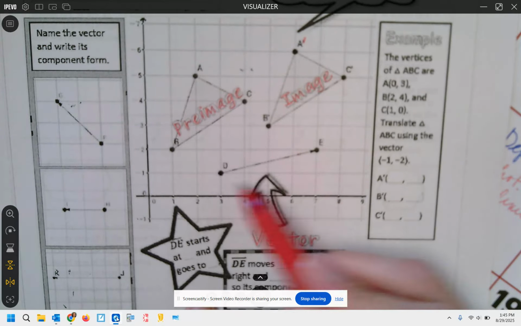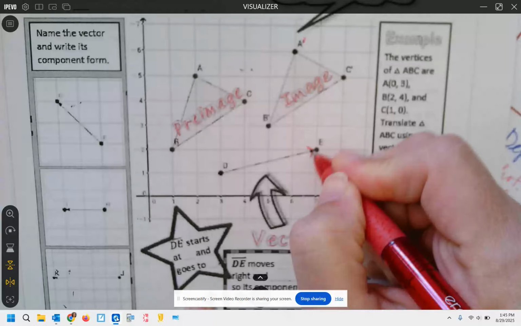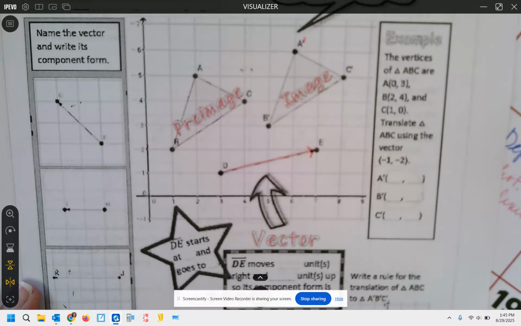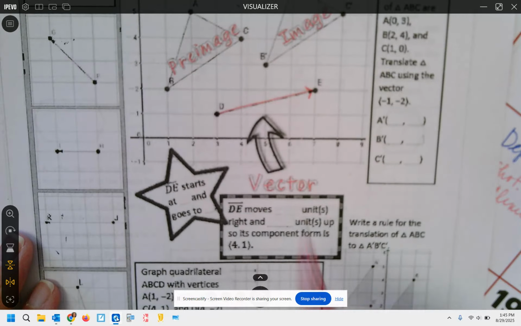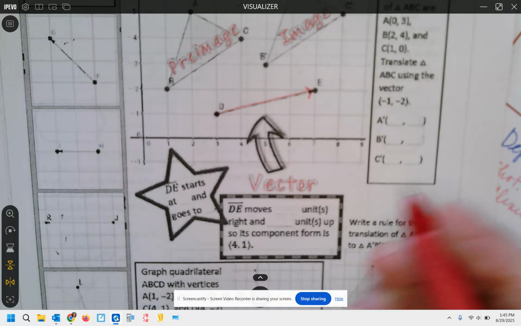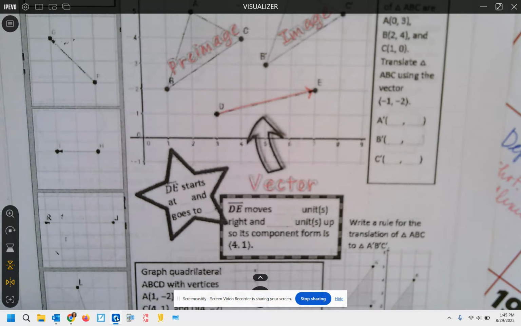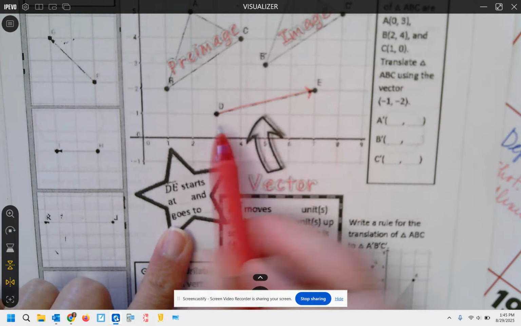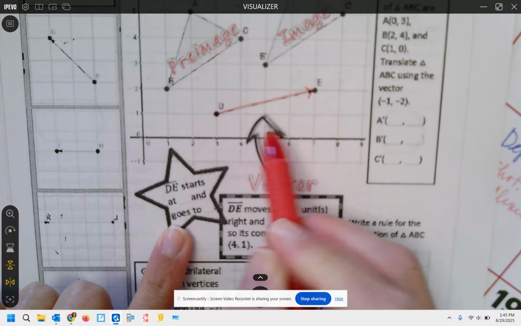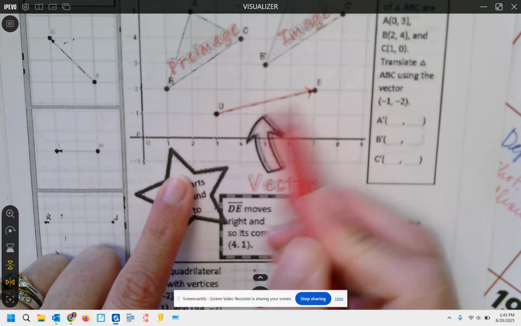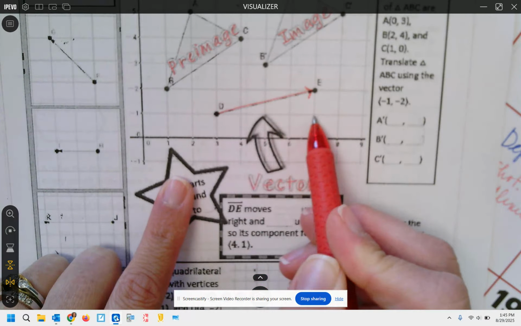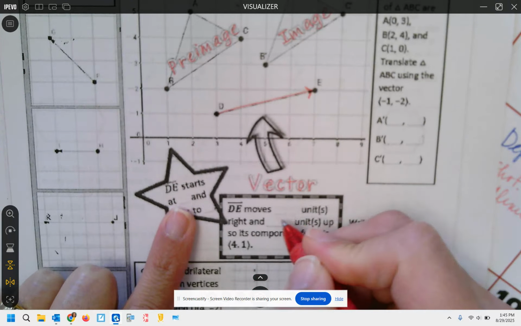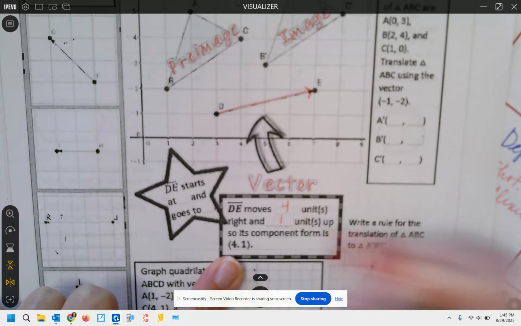So for example, this right here, it's a little bit hard to see, but there's an arrow here pointing from D to E. And so as it says in the box here, DE moves so many units right and so many units up to get from point D to E. So we always count the horizontal movement before the vertical movement. To get from point D to E, we're going 1, 2, 3, 4 to the right and 1 up. So vector DE moves 4 units right and 1 unit up.